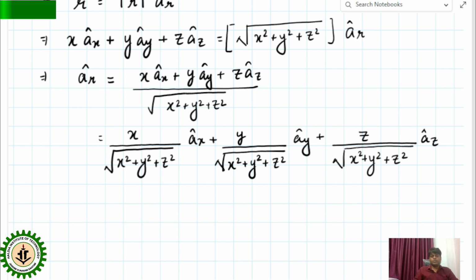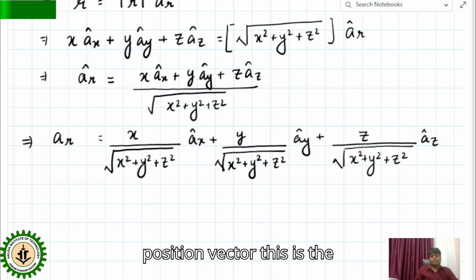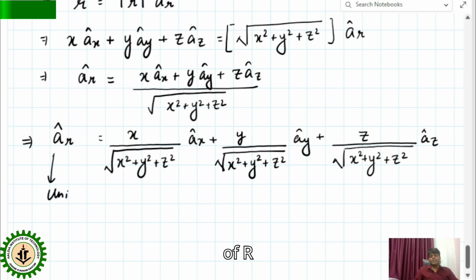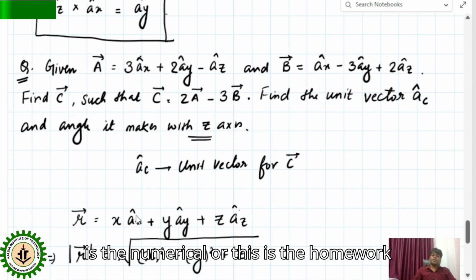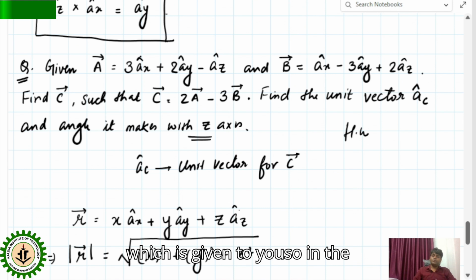So this is the position vector, and this is the unit vector of r. This is the homework which is given to you.